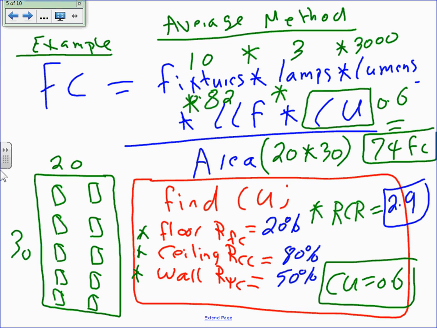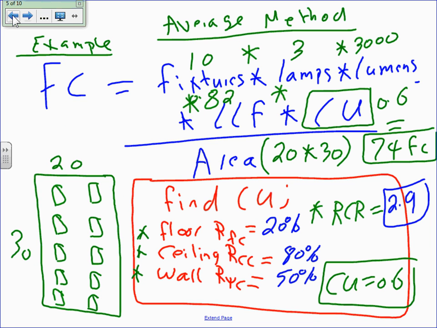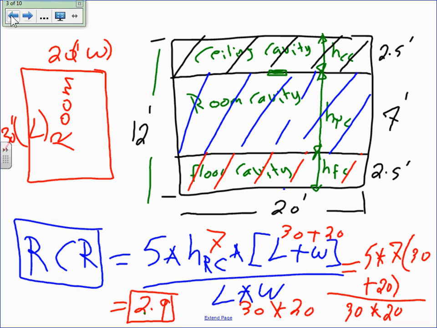Okay? All right. So to find the CU, I don't know if I have it in the second slides. No, that's exam number 2. Okay, to find the CU, guys, for 20 by 30, we need to find the CU for this room. There you go. Here's my 20 by 30 room.